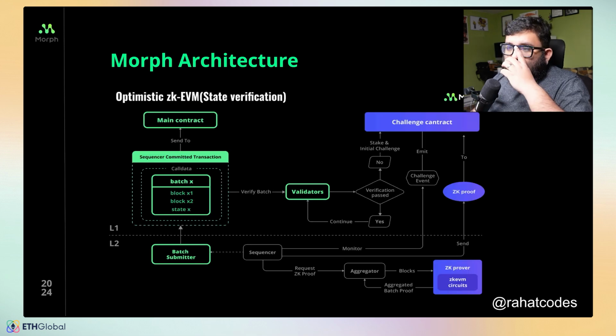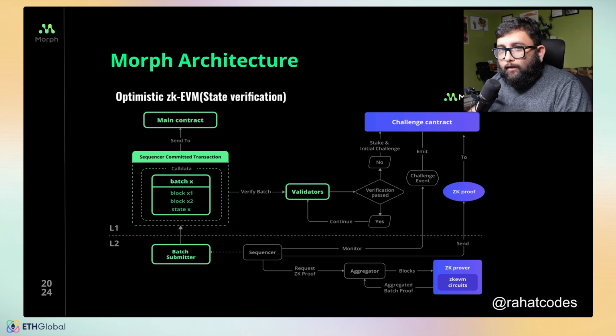Now, how exactly does this contract, this challenge actually work? So a validator is going to be viewing all the different transactions that sequencers are creating. And if a validator says, okay, there is an issue here, first of all, in order to become a validator, you need to stake a certain amount of ETH. Same thing for a sequencer. These are slashed depending on your behavior.